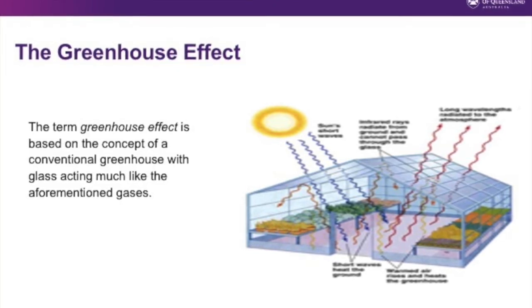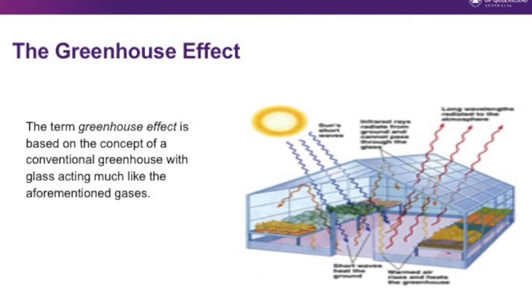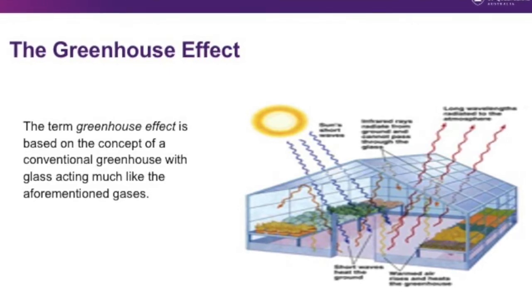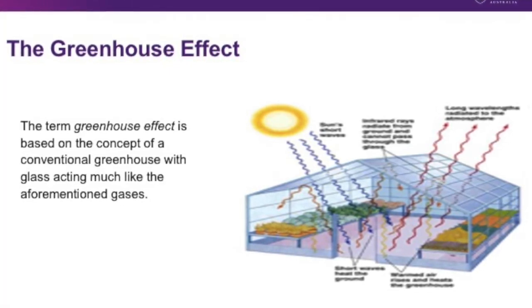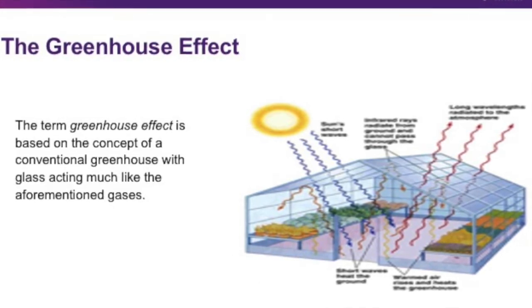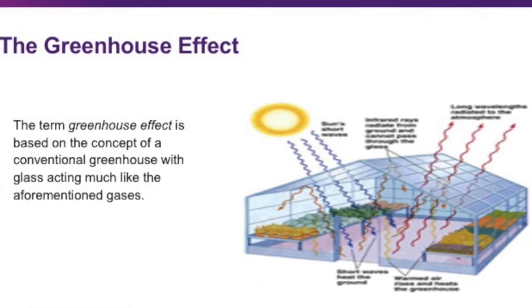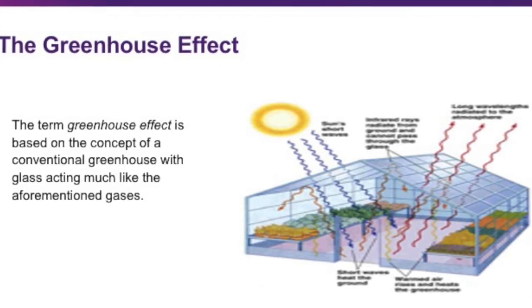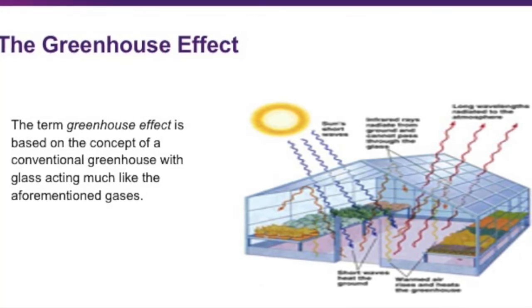This radiation trapping is partly responsible for the elevated temperatures inside the greenhouse. So opposite to this, the greenhouse gases actually do not reflect the infrared. They instead absorb and radiate it. And that's the difference between both.